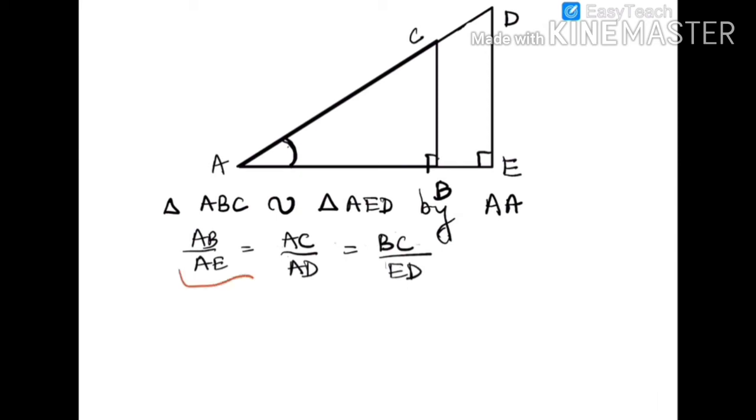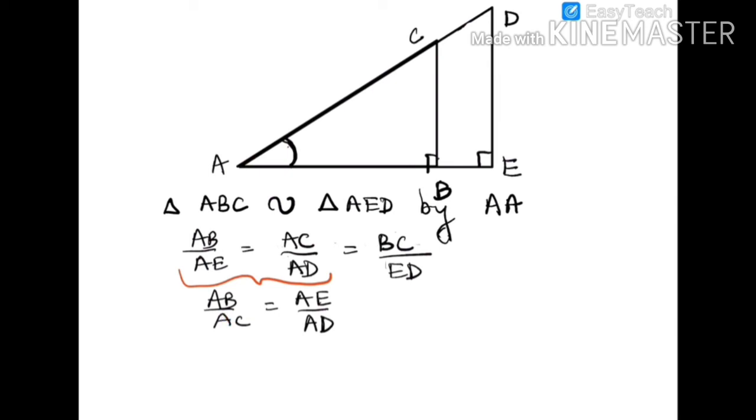Now let's consider only these two ratios. Since these two ratios are equal, I can interchange these two terms and write the same ratio as AB upon AC equal to AE upon AD. If we consider angle A, then AB is the adjacent side and AC is the hypotenuse.